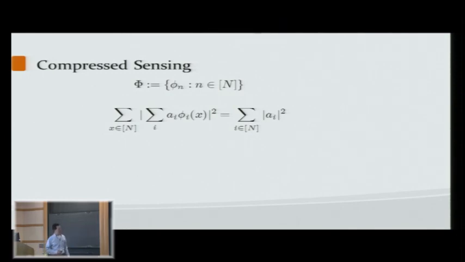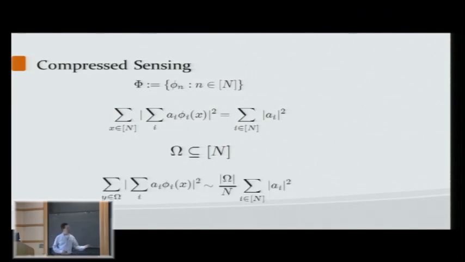This is quite easy to prove. And if I take a subset of 1 through n, then what I would like to say is that if I sum over just this subset, then this is approximately equal to the sum of the squares of the coefficients times an appropriate normalization factor.